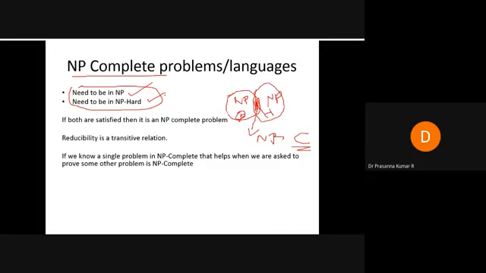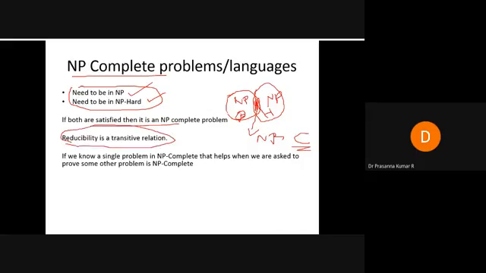So what is the meaning for this? This means that the NP-complete problems can be verified in polynomial time, and that any NP problem can be reduced to this problem in polynomial time. So both are satisfied, then we say that it is NP-complete. So this reducibility is a transitive relation.